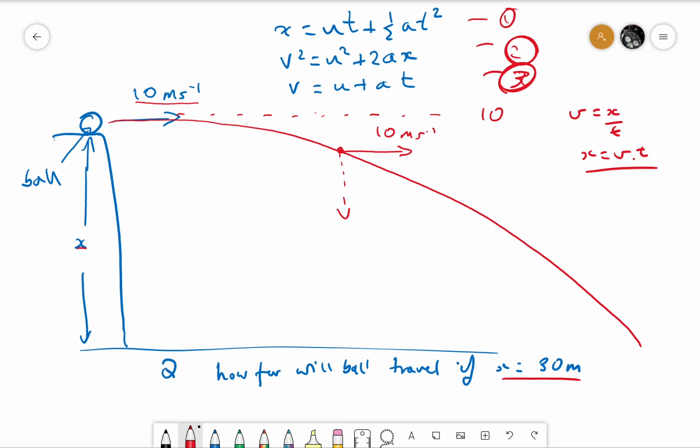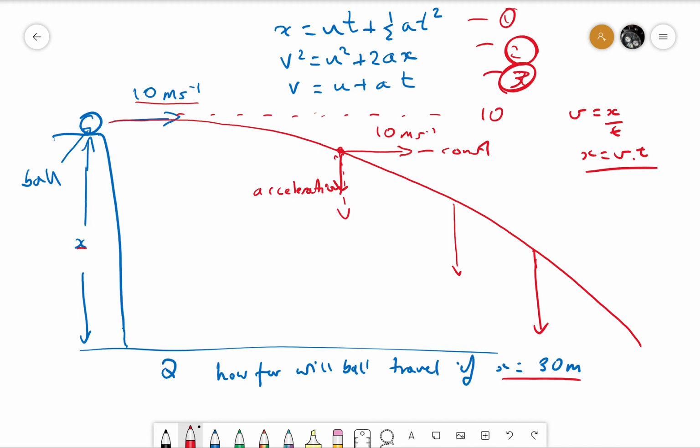So this is a constant velocity, and this is an acceleration. So the velocity is changing. And I think you can probably see that as we get further and further, it's falling for longer, it will be traveling faster. So this arrow should be getting longer as time progresses. That's why we get this arc.